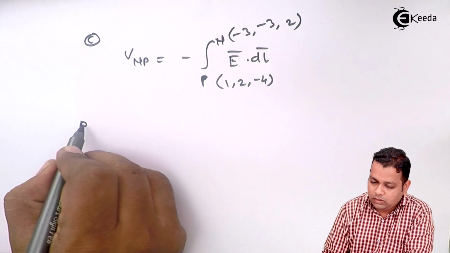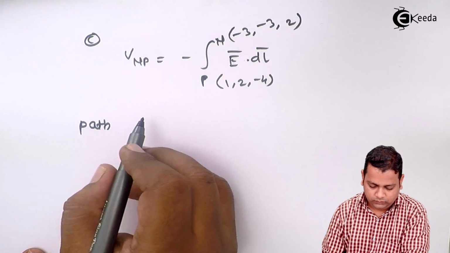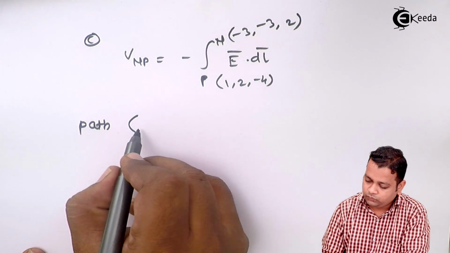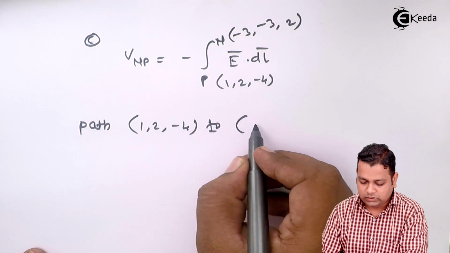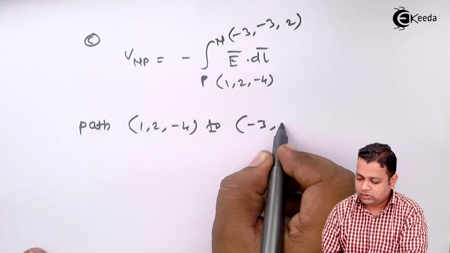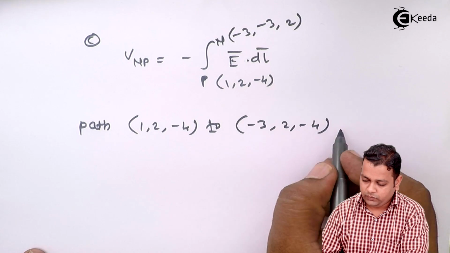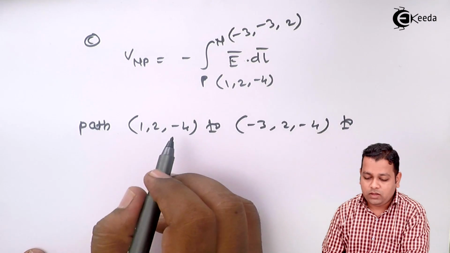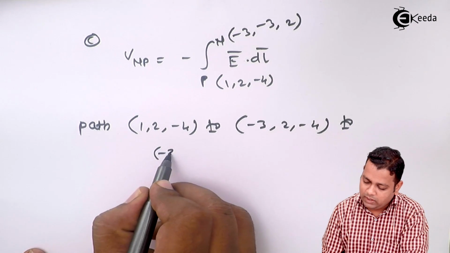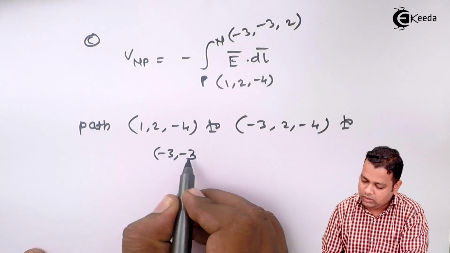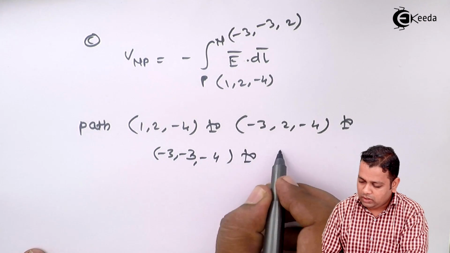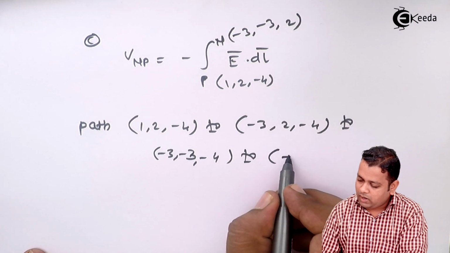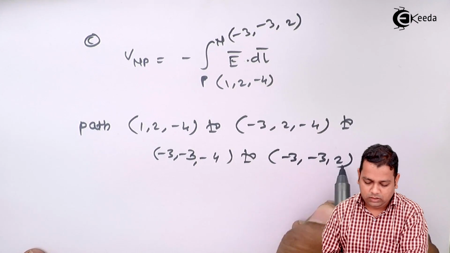So we have the path that is from 1, 2, minus 4, we change the x coordinate, so minus 3, 2, minus 4. Then we change the y coordinate, it will be minus 3 again, then minus 4, and finally we shall be obtaining minus 3, minus 3, 2.